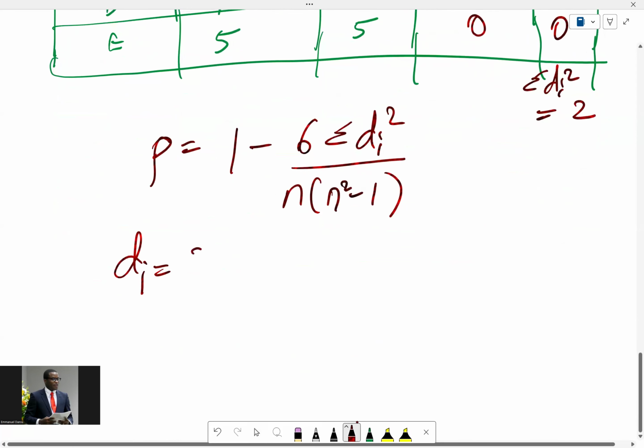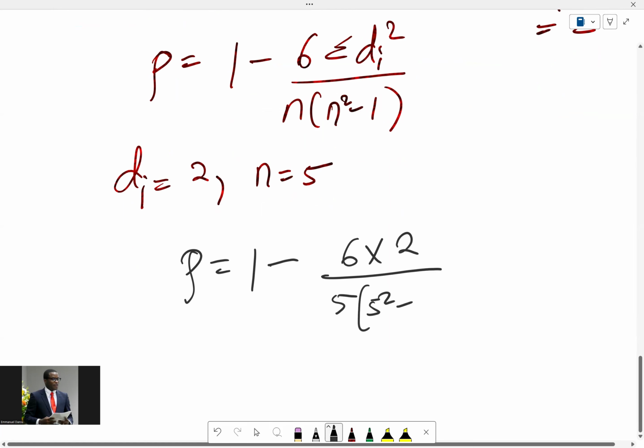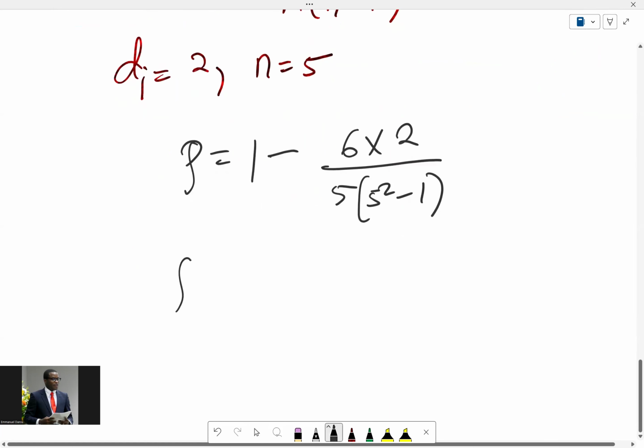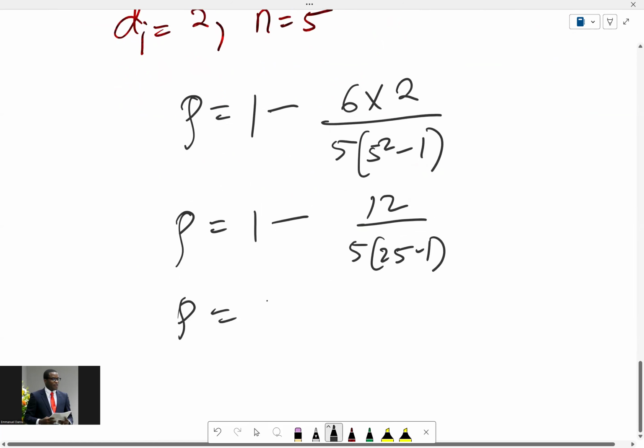Then n is 5. So rho is equal to 1 minus 6 times 2 all over 5 into 5 squared minus 1. So rho is equal to 1 minus 12 over 5 into 25 minus 1, which is 1 minus 12 over 5 times 24.